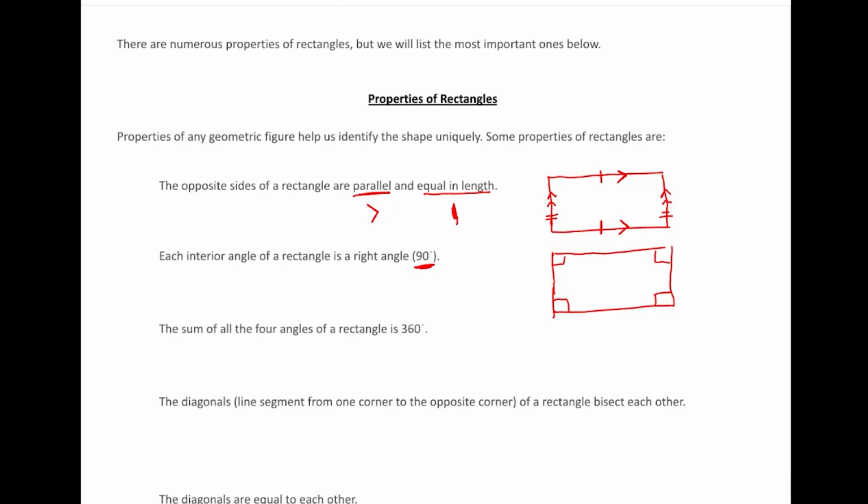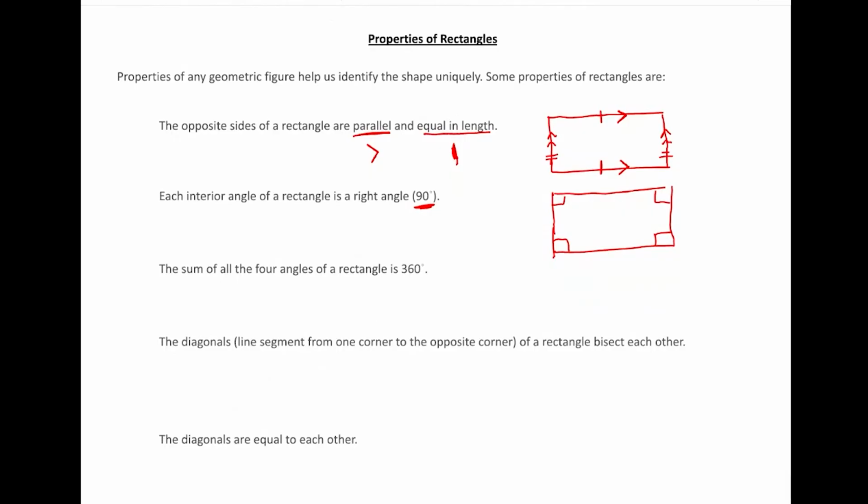So the sum of all the interior angles of a triangle add up to 180. But for a rectangle, they all add up to 360. Because you have 90 degrees times four angles, which is 360 degrees.